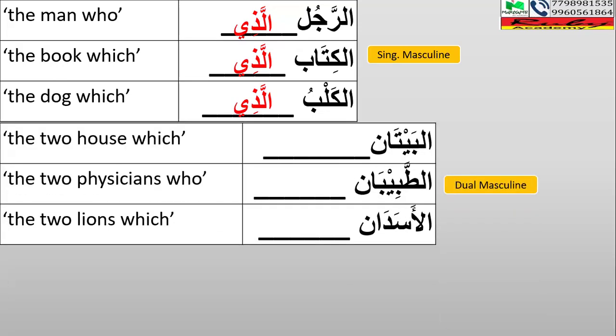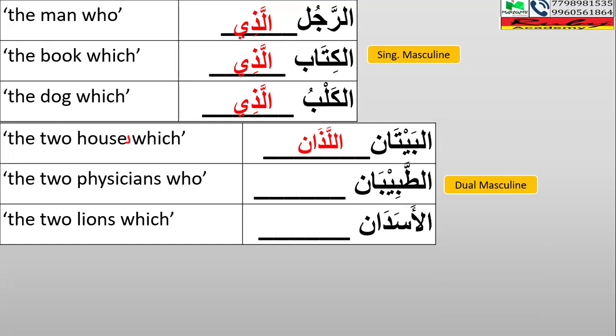Now this is the dual masculine, for two. So here, the two houses, allazani.